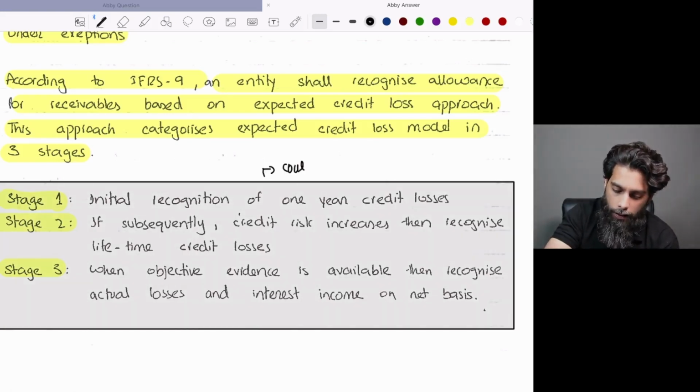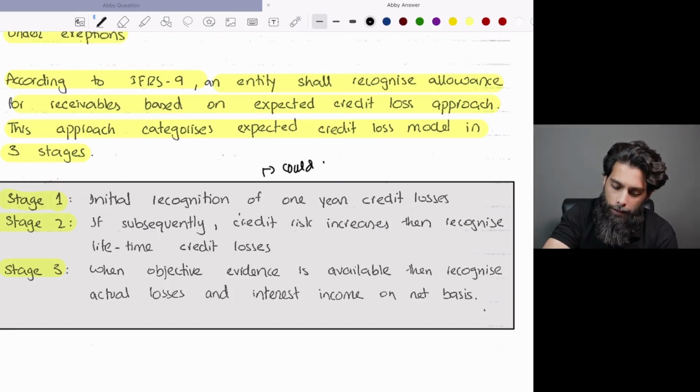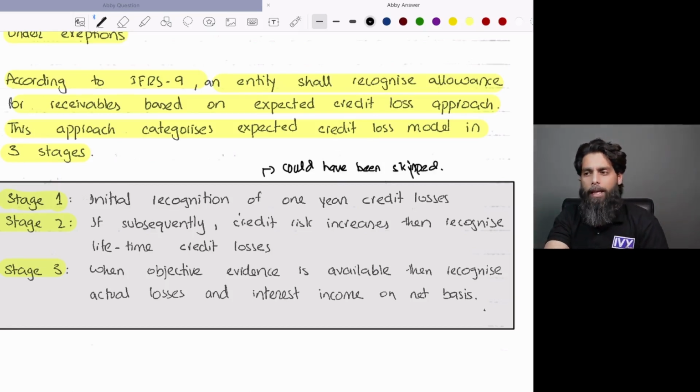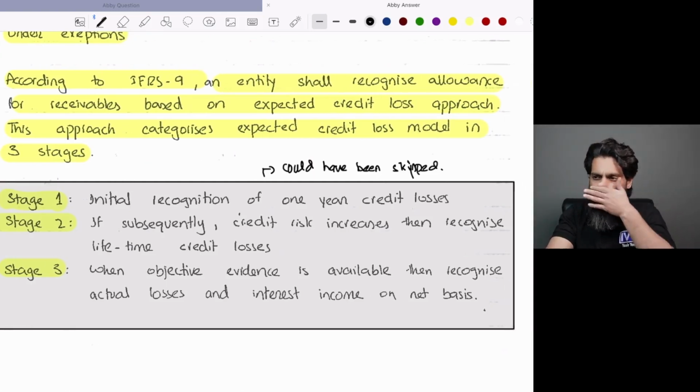In my answer, I have adopted a more detailed approach, but this could have been skipped. It's fine to skip this part of information because in this particular case scenario, not very much detail was necessary because there were no ECLs being mentioned or anything like that.